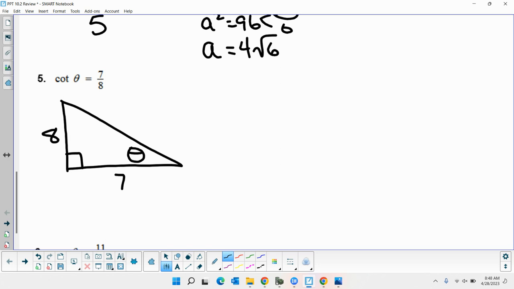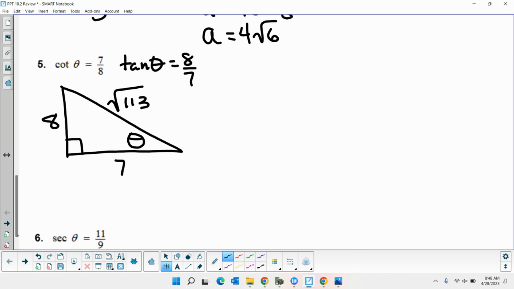So the tangent would be 8/7, right? When you use Pythagorean, you get that. So the sine is 8 times the square root of 113 over 113. The cosecant is the square root of 113 over 8. The cosine is 7 times the square root of 113 over 113. And secant is the square root of 113 over 7. Questions?